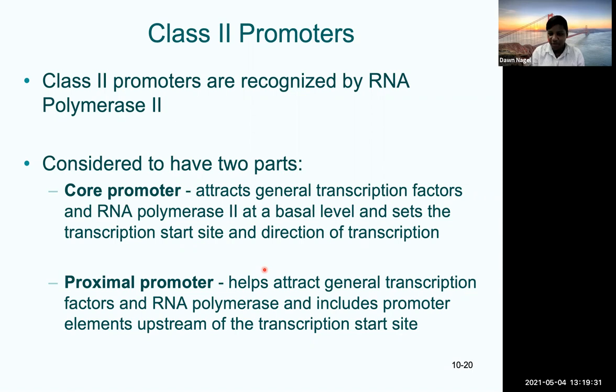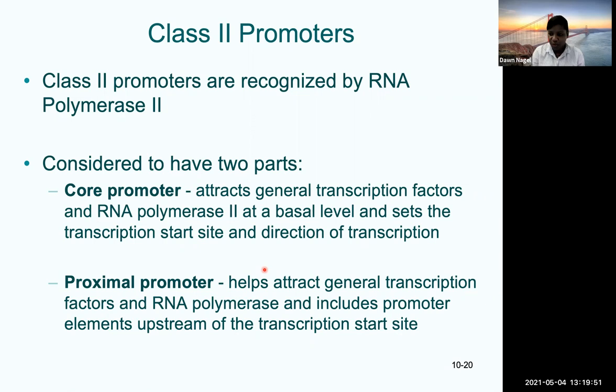So we're not going to really talk about those in this class, but just know that they're different. Their elements within the promoters are different. The structures are a little bit different. The location of the elements are also different, okay? But it's not something that you need to necessarily remember.